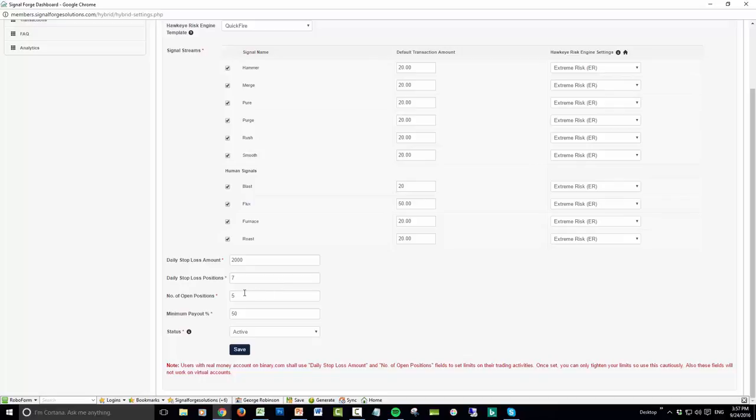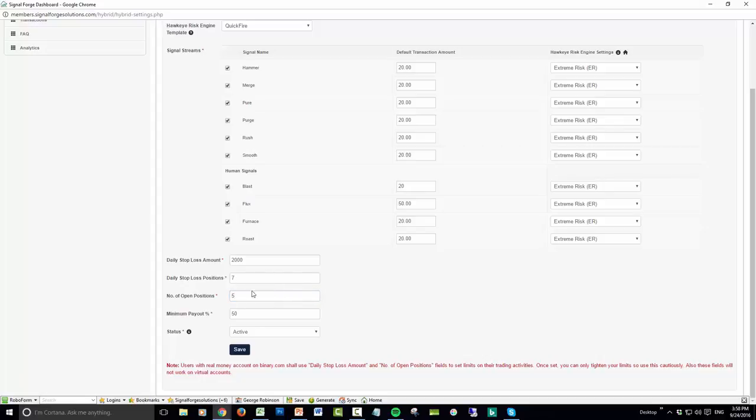If you have that set at 10, you could get 10 losing trades, boom, just like that, all in one go. So we have it reduced to help reduce the risk that we have at any one given time.